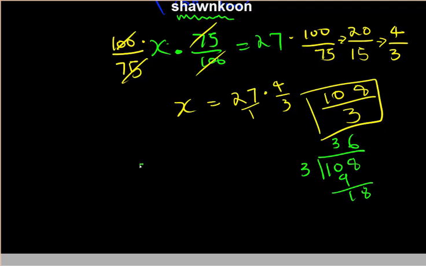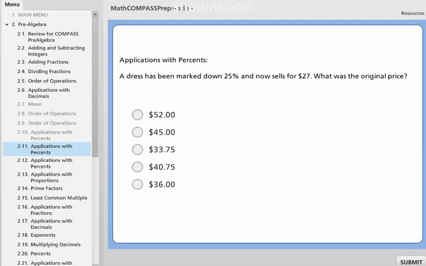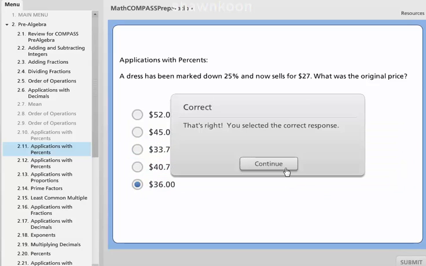Oh, perfect. So we can see that x is equal to 36. And what was the x? x was the original cost. So we know that the original cost is 36. And let's see. Yep, we got the right answer.